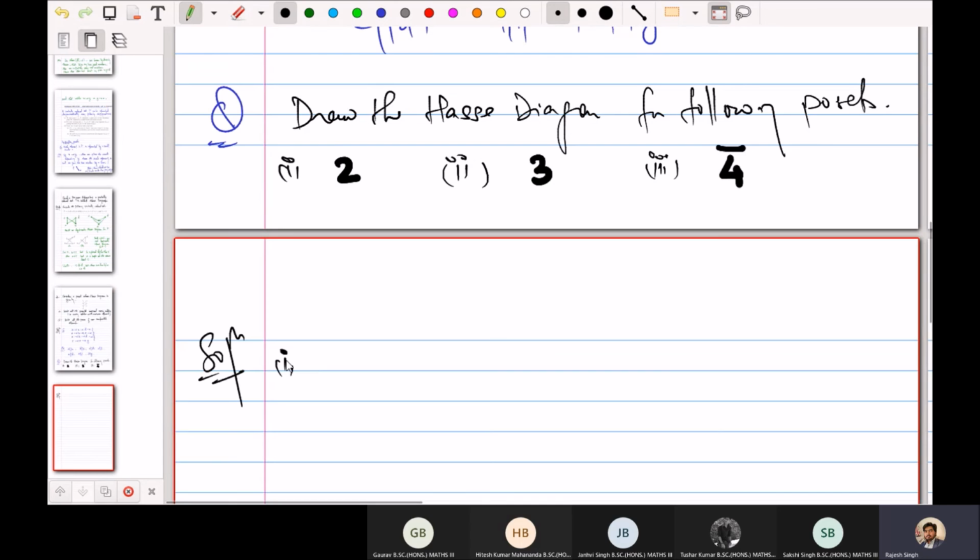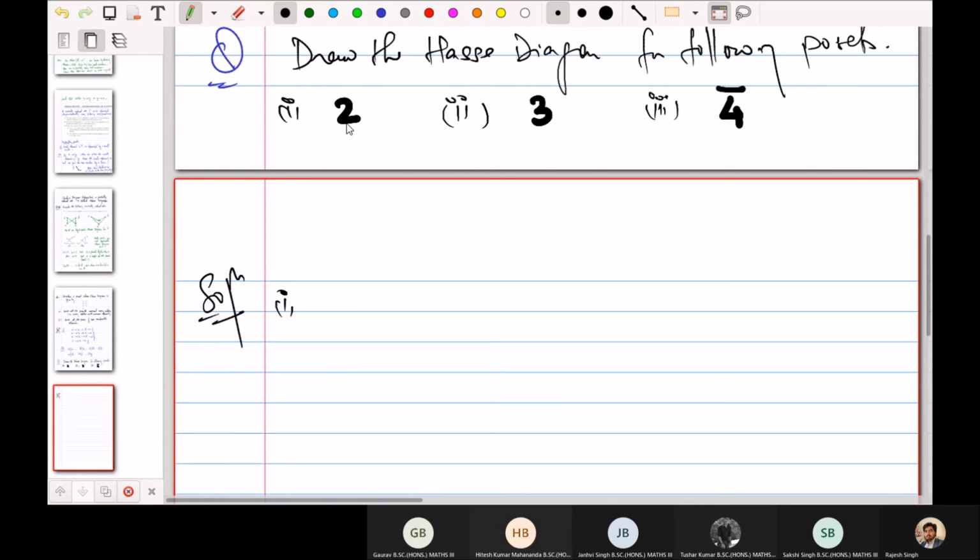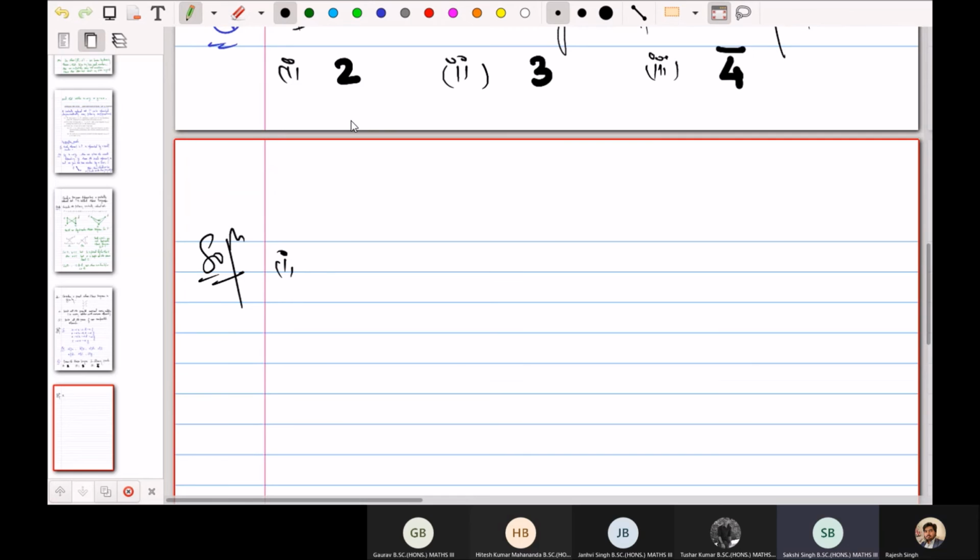What should be Hasse diagram for 2? 2 क्या होता है? 2 points representing 0 and 1 and 1 line above 0. Yes, and there should be a line joining 0 and 1. This is your 2.